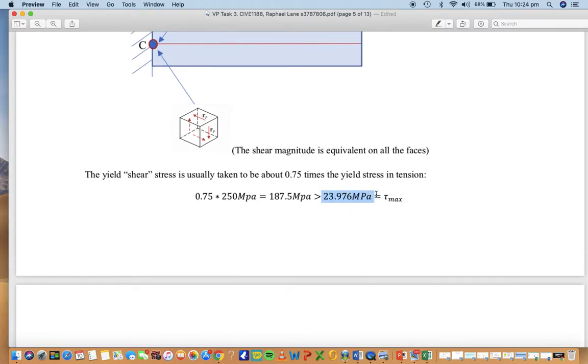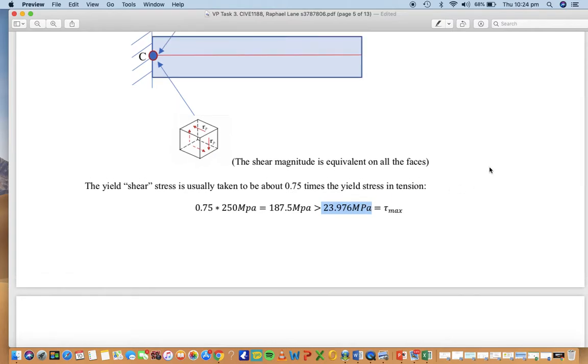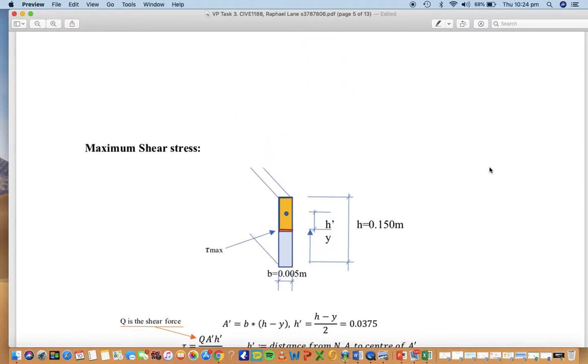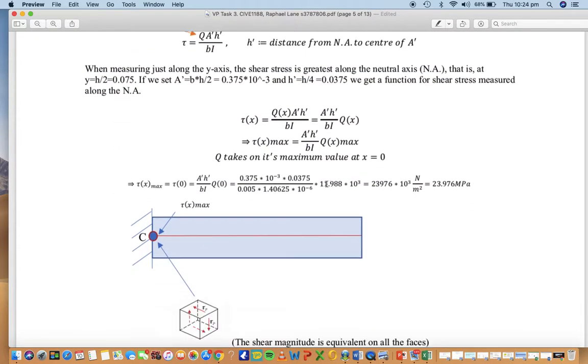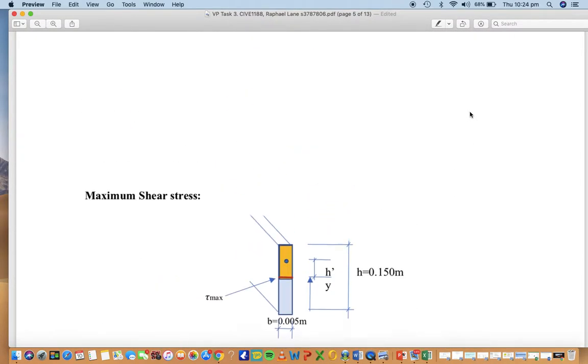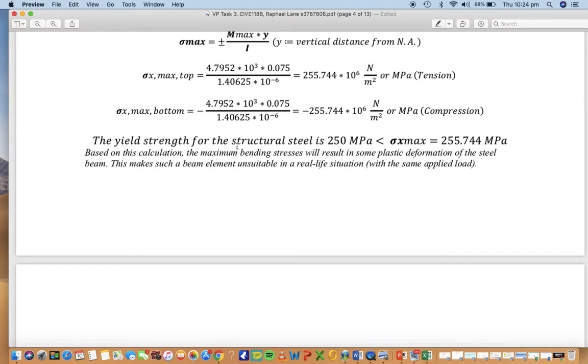So this is the maximum shear force in the neutral axis, and up here we have the maximum normal. Sorry, I should have said maximum shear stress along the neutral axis, and up here we have the maximum normal stress.